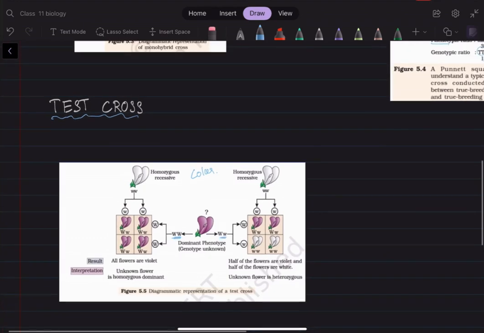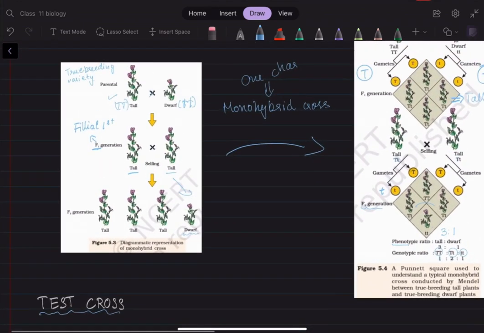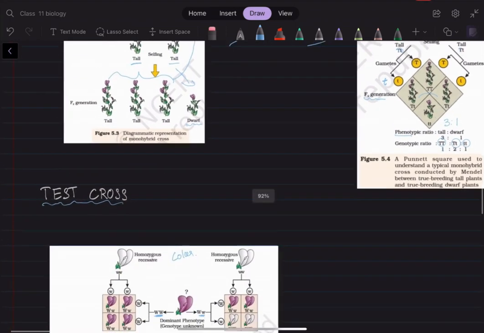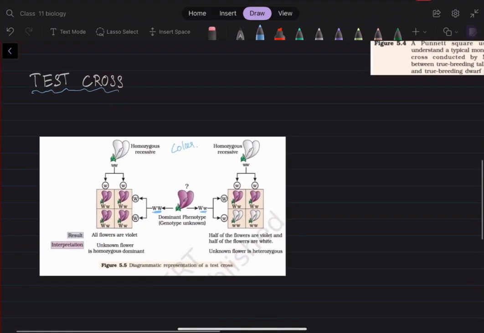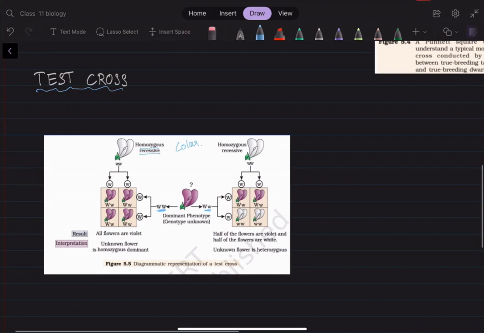So we have to find that out. To find that, we cross one of these with the homozygous recessive parent. You can see the homozygous recessive parent, the one with white flowers, is crossed with the unknown flower.